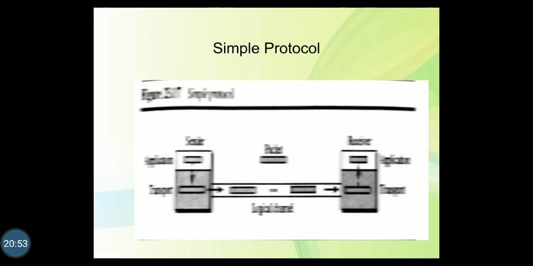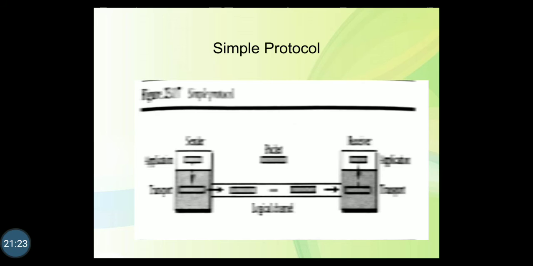To keep the discussion simpler, we will discuss all three protocols as unidirectional protocols in which the data packets move in one direction. Later, they can be changed to bidirectional, full duplex protocols where data can move in both directions.